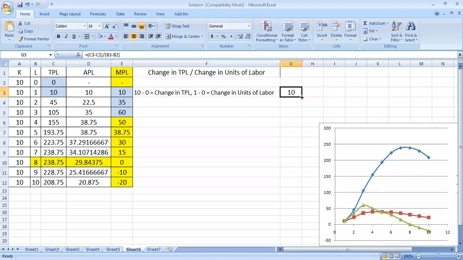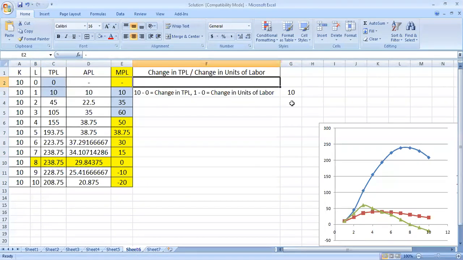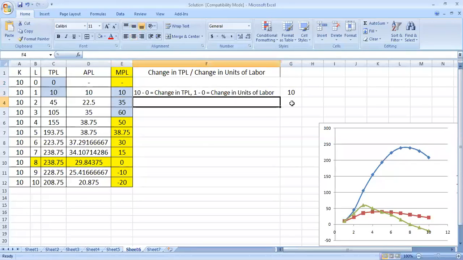And if you scroll down, you would come to know the entire column of total product of labor, right? But I'm just removing all this information from here. This 10 comes by taking the ratio of the change in total output to the change in units of labor, or the change in units of the variable input. Okay, how about this 35? It appears by following the same formula.